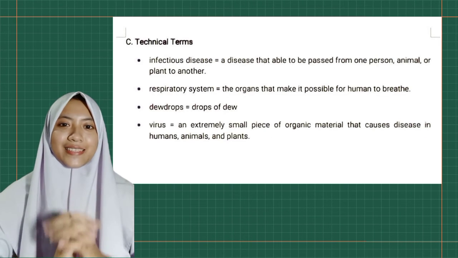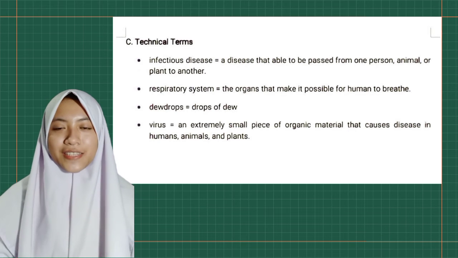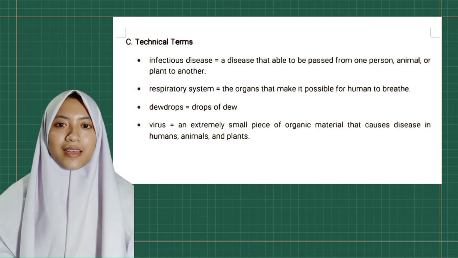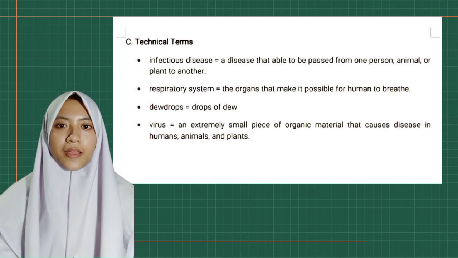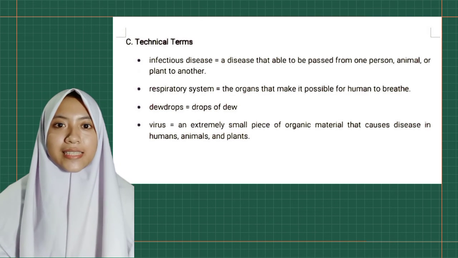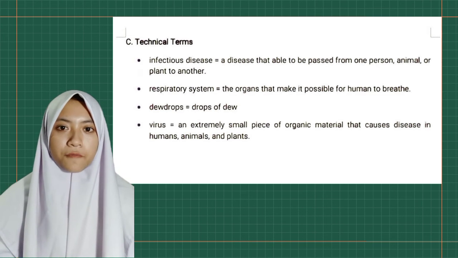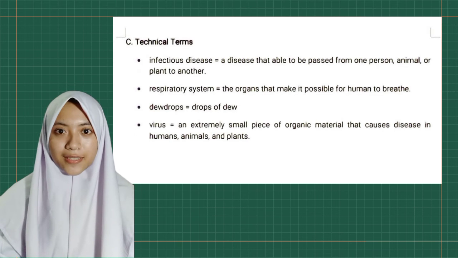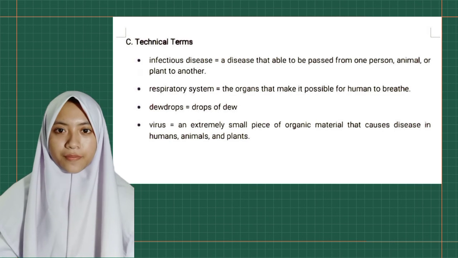Okay, the last. C. Technical terms. The first, infectious disease is a disease that is able to be passed from one person, animal, or plant to another.